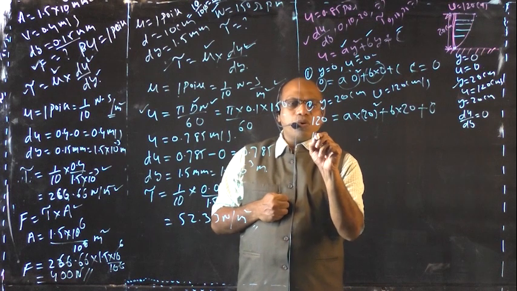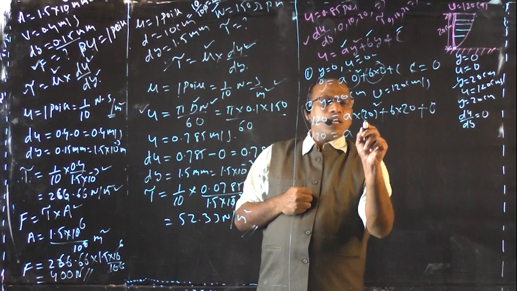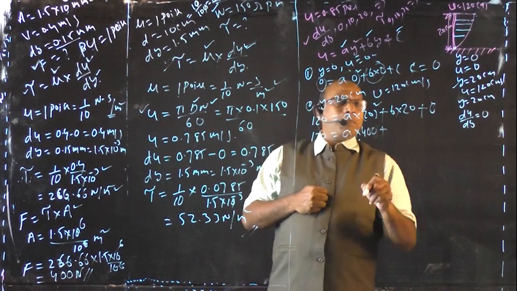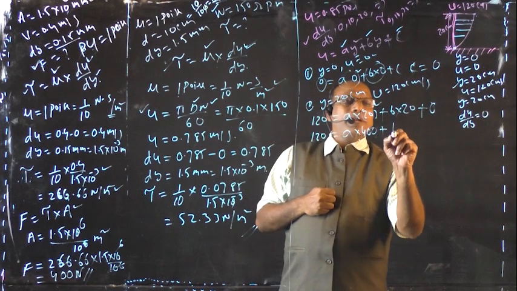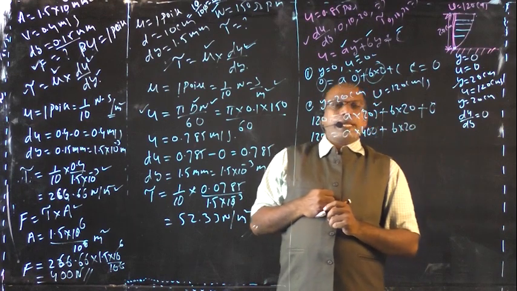Now 120 equal to a into 400 plus b into 20.